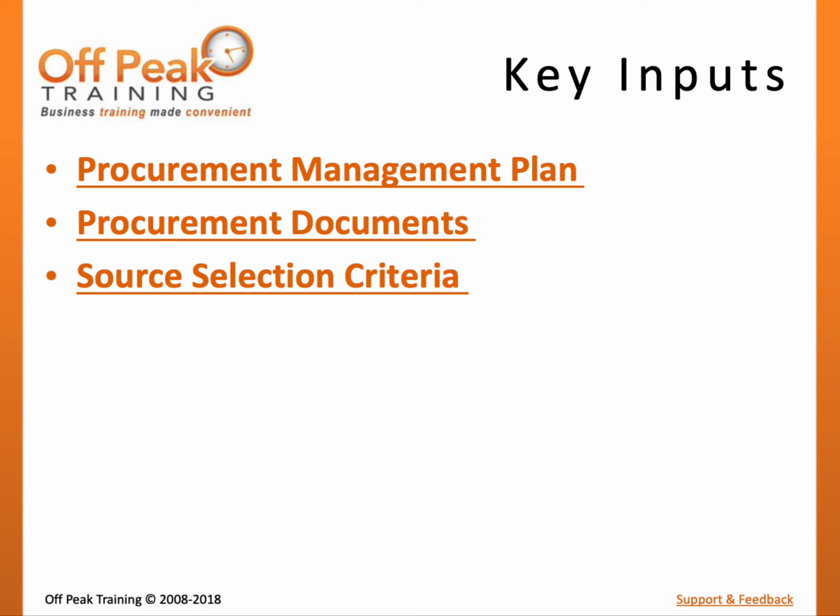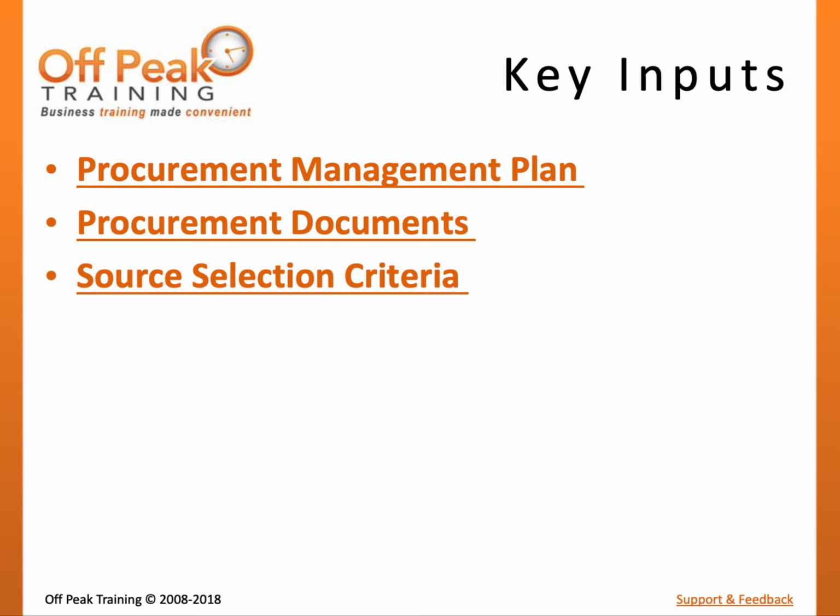Procurement documents include bid documents, procurement statements of work, independent estimates, and source selection criteria, which together will define which items need to be procured in this process and how the decision will be made. These are all inputs to the process as they provide a figurative shopping list for the project.